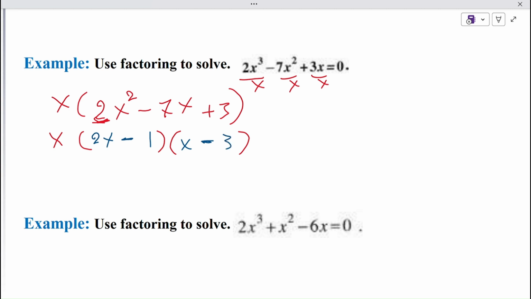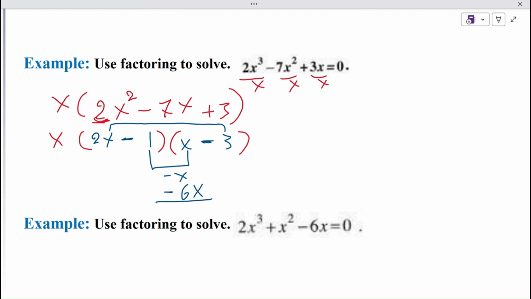Let's check it. Close multiply by close and far from far. Minus 1 times x is equal to minus x. Then minus 3 times 2x is equal to minus 6x.